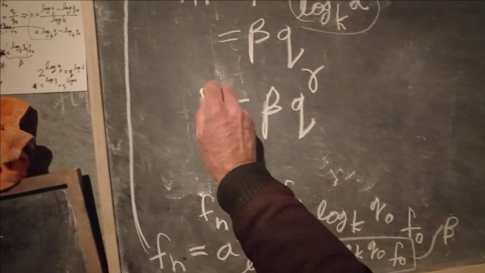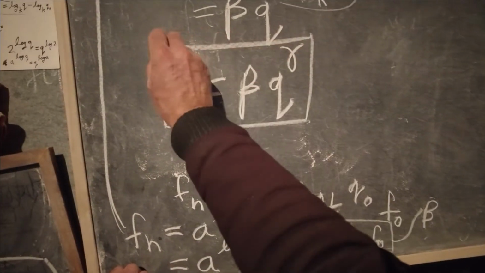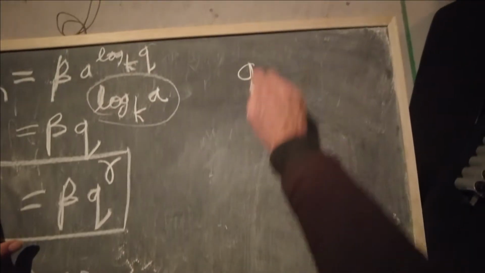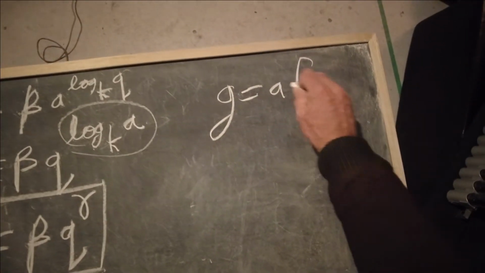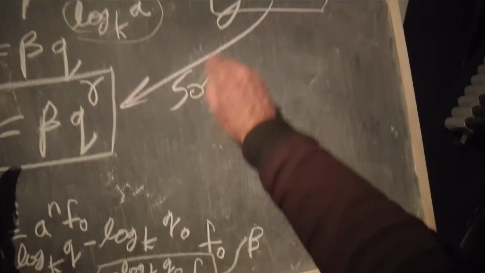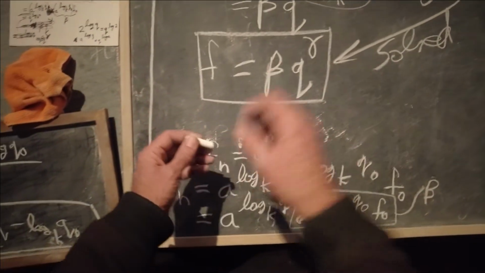So we have that f equals beta q to the gamma is a solution of the comparametric equation that we had before, g equals af. So this is solved using this very simple principle.